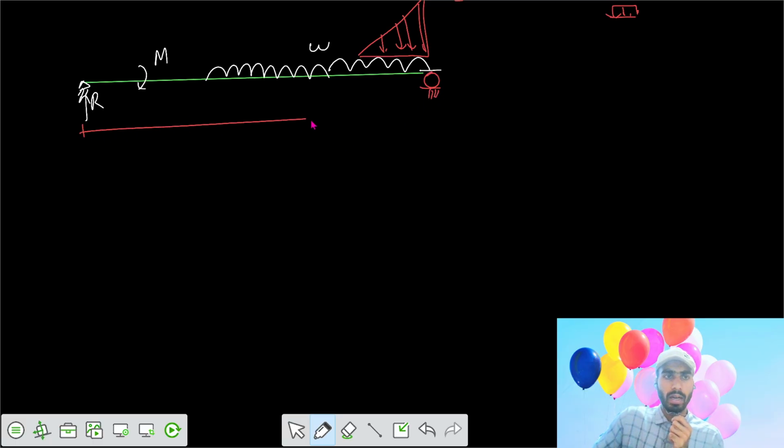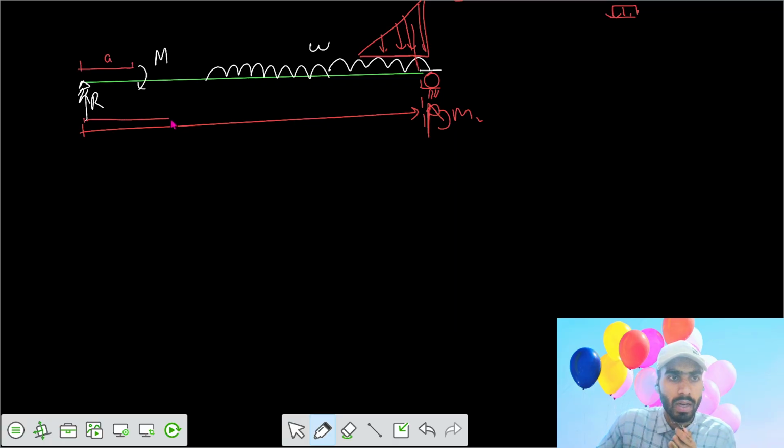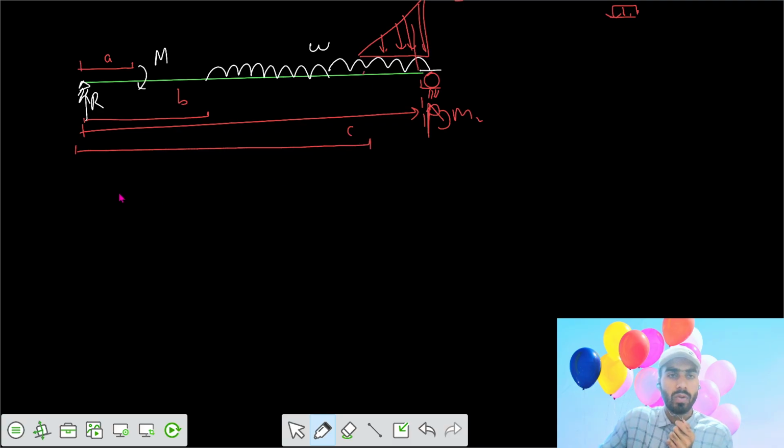So if you got at any section at any X, here the moment is Mx. If you write the moment equation, say this is your length A, this is your length B, and this is your length C. So we can write reaction R into X, then anti-clockwise moment M, it acts after point A. So we can write M into X minus A power 0.